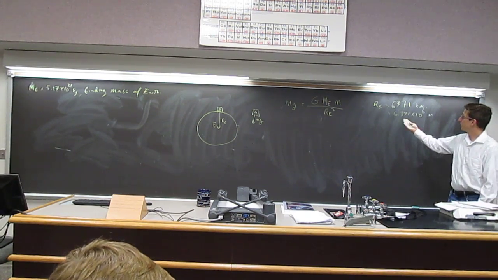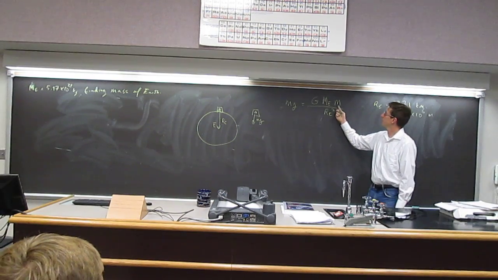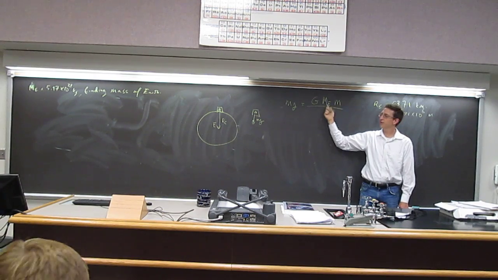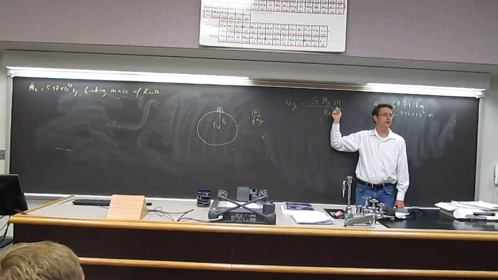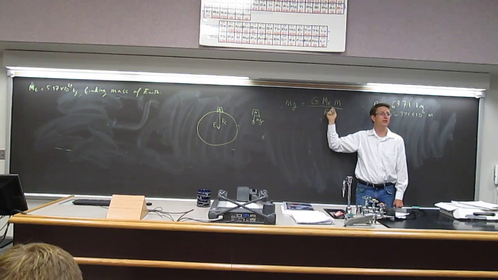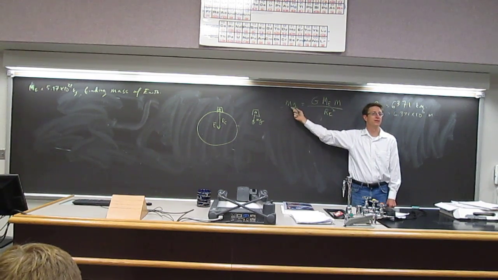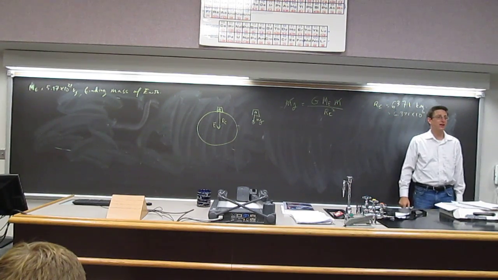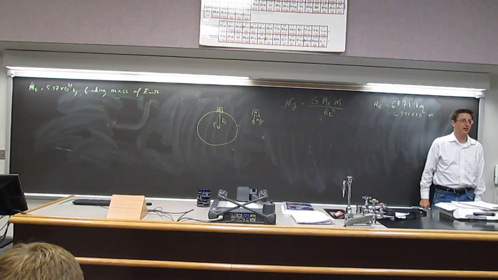All right, let's look at this equation. Each term is proportional to that little m, so I could divide through this equation by little m, couldn't I? And so it didn't really matter what that little mass was.